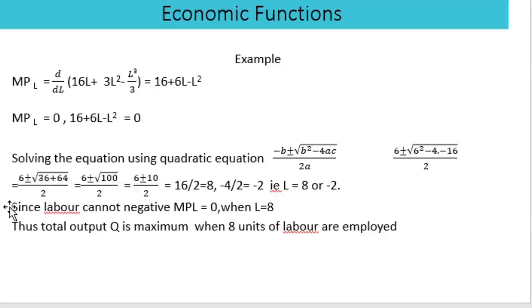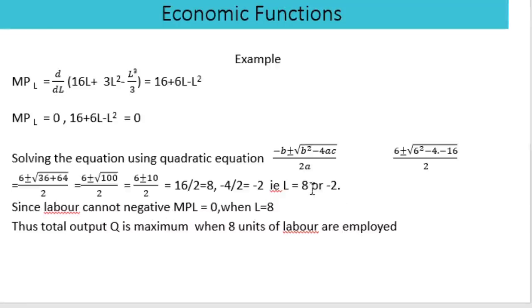Minus of minus 6 is 6. So 6 plus or minus root of 36 plus 64 by 2, that is 6 plus or minus root of 100 by 2. 6 plus or minus 10 by 2: 16 by 2 equal to 8, and 6 minus 10 equal to minus 4 by 2, which is minus 2. That is L equal to 8 or minus 2.